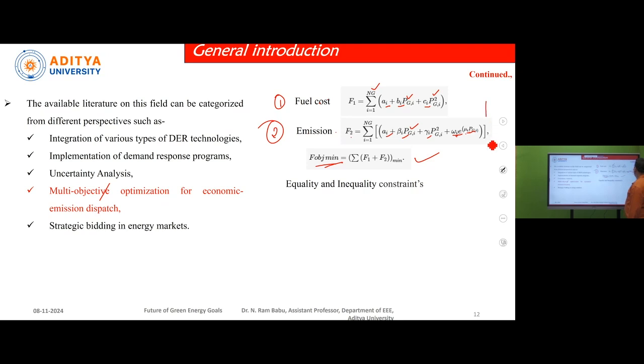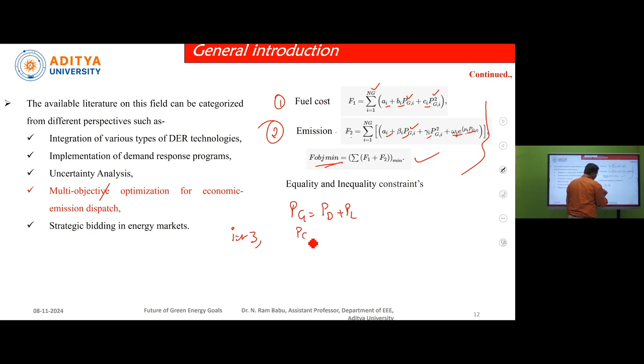For these objective functions, there will be some equality and inequality constraints. Let us assume that the equality constraint is power generated is equal to power demand plus load. This is the equality constraint, and the inequality constraint is this PGi. Let us assume three generators, that means i is equal to 1, 2, 3.